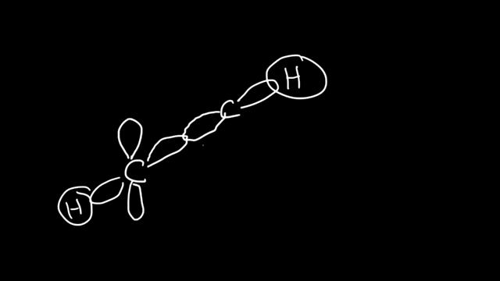So let's draw the first carbon atom here. And here's going to be the hybrid orbital. And then here's the other carbon atom with its hybrid orbital. And then here's the hydrogen atom with its s orbital. Now I'm going to draw the p orbital right here.